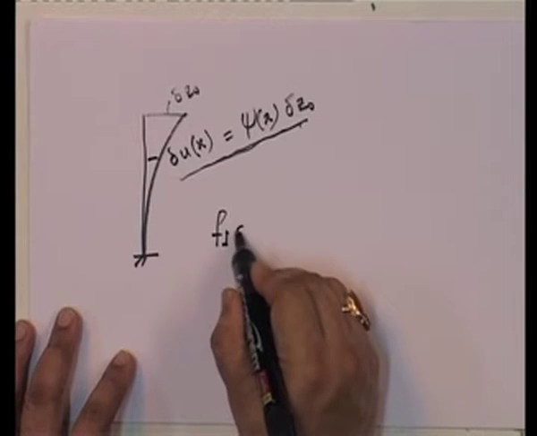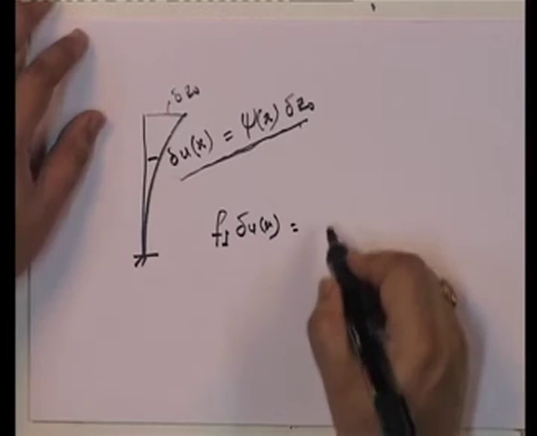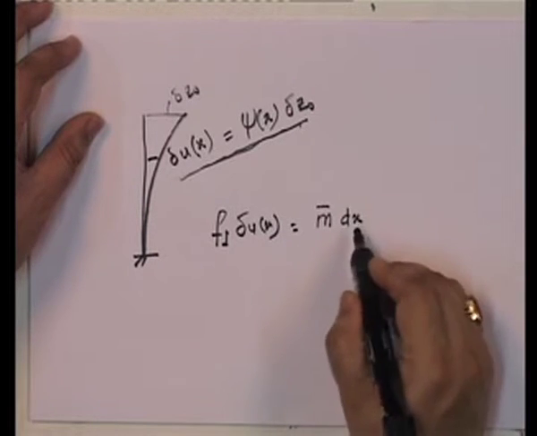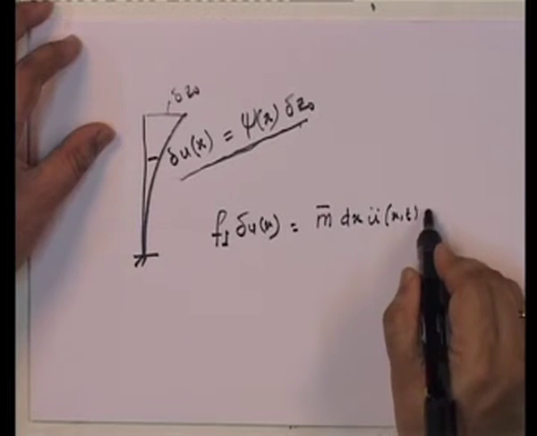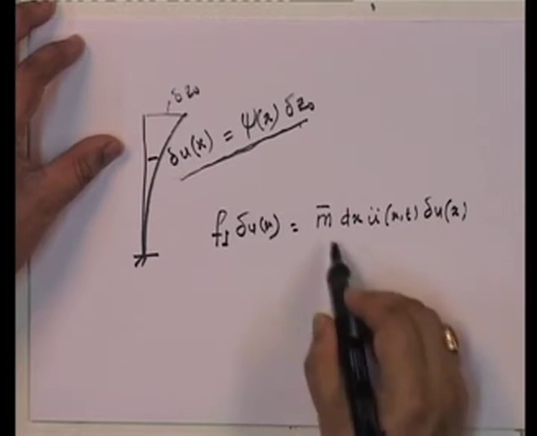Well, the work done by the inertial forces into del u x is going to be equal to m bar dx u double dot x of t into del u x, and this is for infinitesimal.